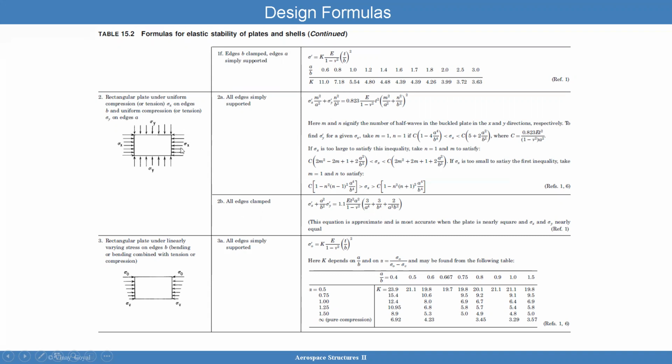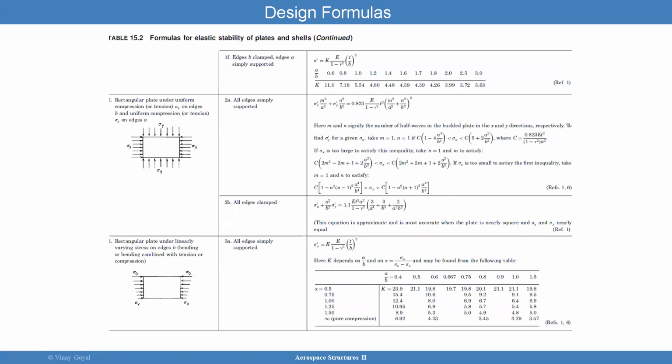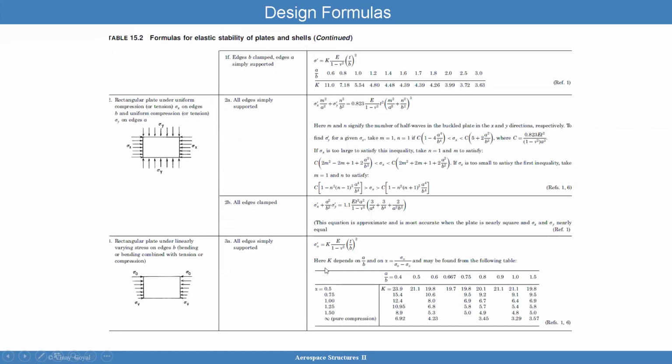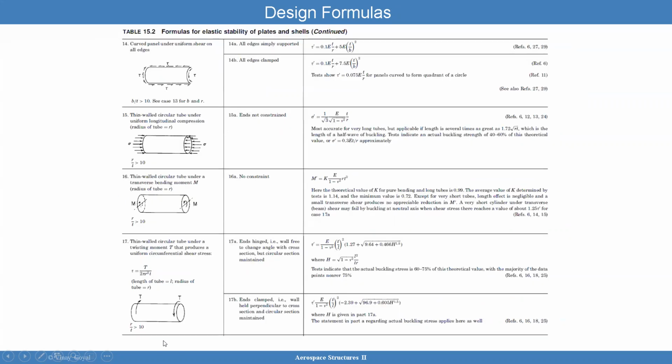It has plates under biaxial compression, plates under non-uniform loading, for example loading in one direction alone, with different boundary conditions as well, with a K factor provided. It has shear loading conditions, and closed form solutions for cylinders, as the one I discussed.